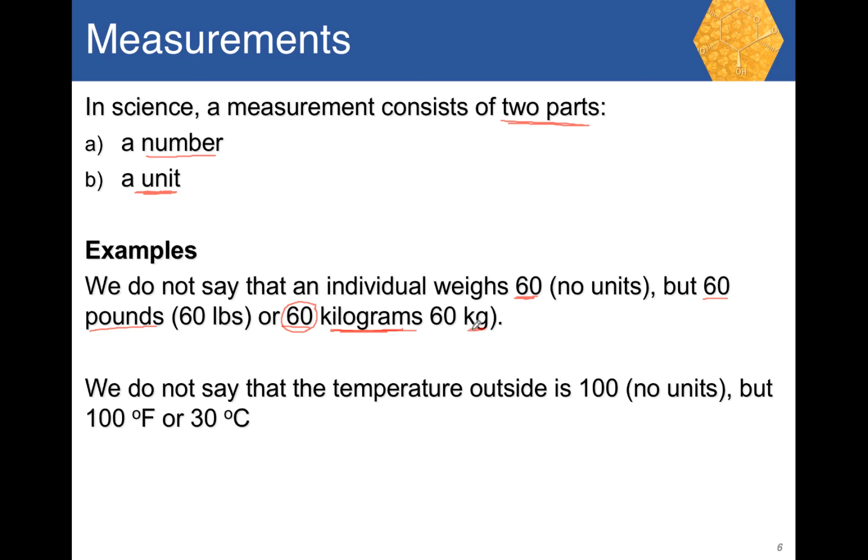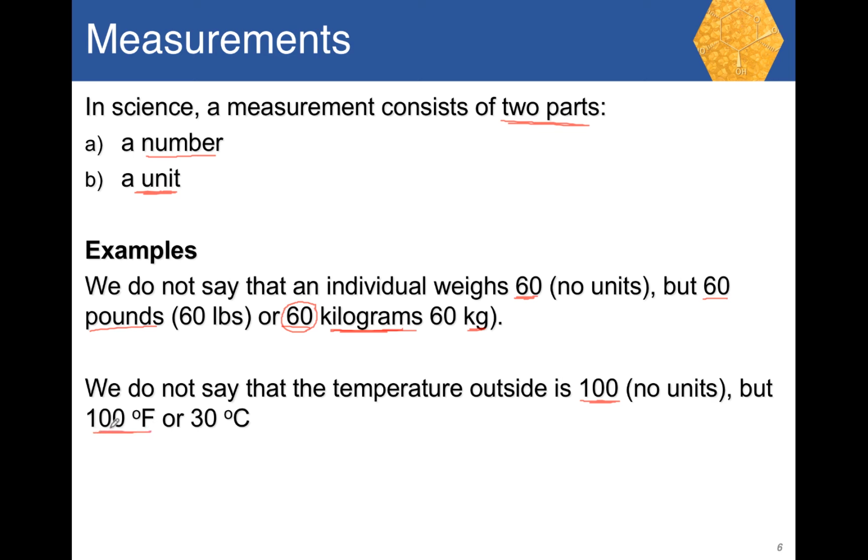And another example here is if you were asked, what is the temperature outside? You do not just say, well, it is 100. Okay, it could be very confusing, especially to us scientists. Very confusing because, as you can see, we have different units. So if you say 100, it doesn't mean anything, but you may want to say 100 degrees Fahrenheit.